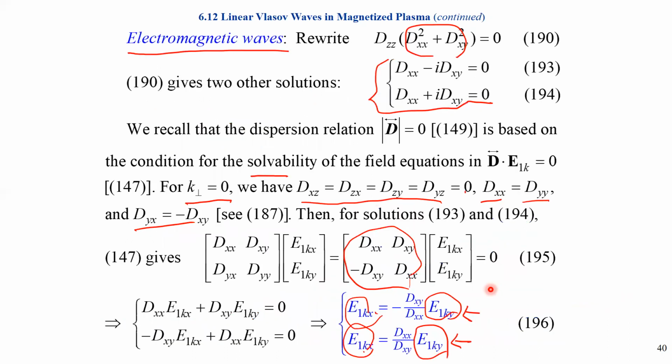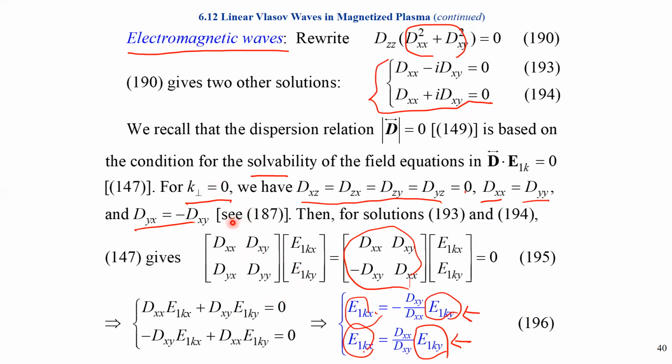How about electromagnetic waves? Electromagnetic wave, we have two parts, this one, and these two relations differ by an I here. So the first one is E1kx. Just rewrite these equations.